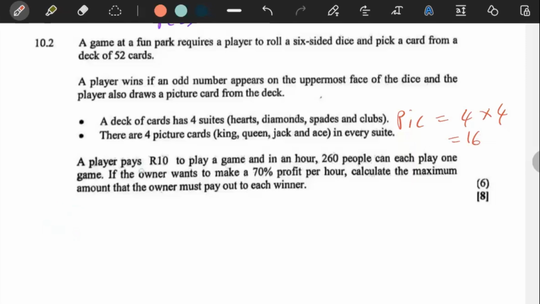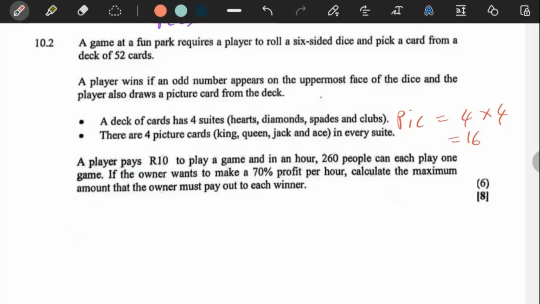And then it says a player pays 10 rand to play a game in an hour. 260 people can each play one game. If the owner wants to make 70% profit per hour, calculate the maximum amount that the owner must pay out to each winner.